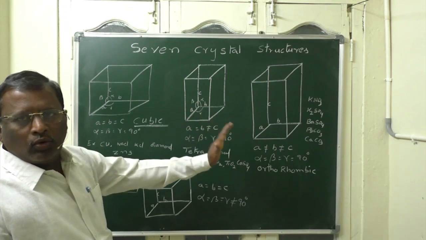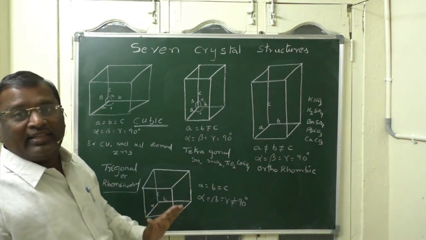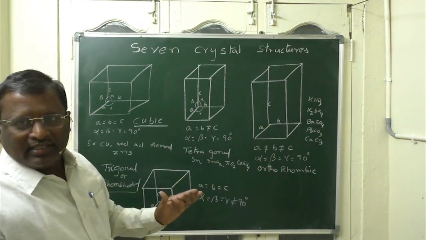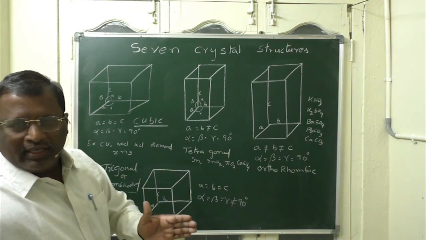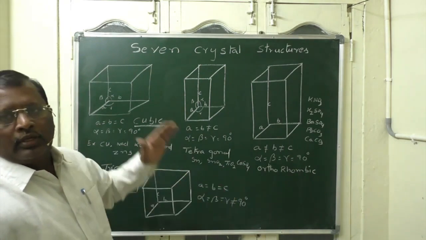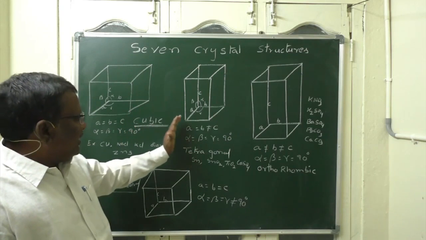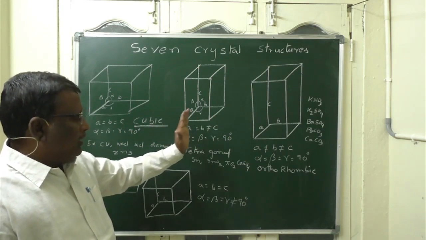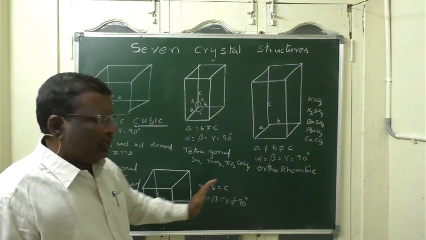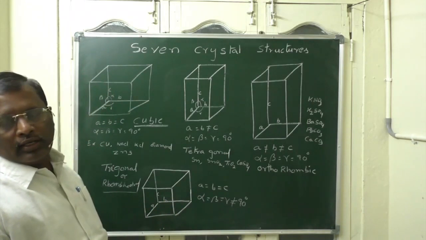CT, OT, HMT: cubic, tetragonal, orthorhombic and trigonal.